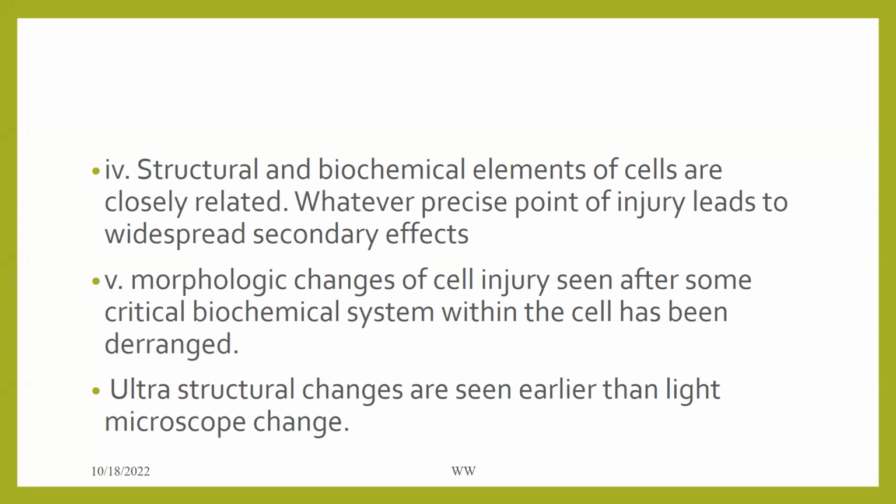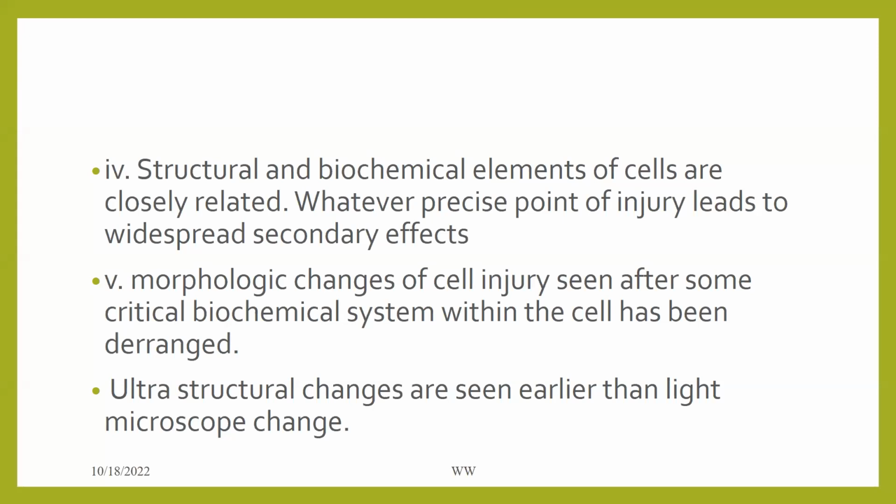And then it has been shown that if you look at the intracellular organelles, you will be able to demonstrate changes earlier, even than what we see with the biochemical systems.